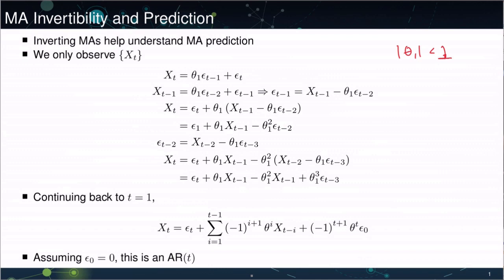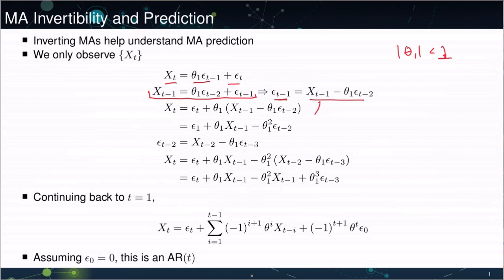So we start with the simple MA(1) model, x t equals theta 1 epsilon t minus 1 plus epsilon t. We then use our relationship for x t minus 1, which of course has the exact same structure, everything backshifted by one observation. What we do is we solve this for epsilon t minus 1 as a function of x t minus 1 minus theta 1 epsilon t minus 2.